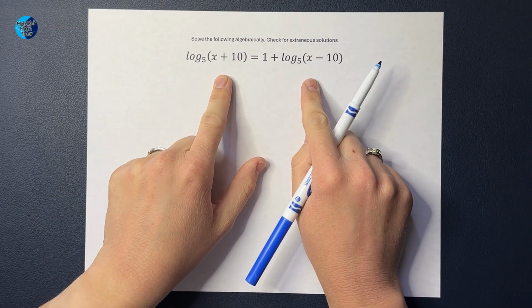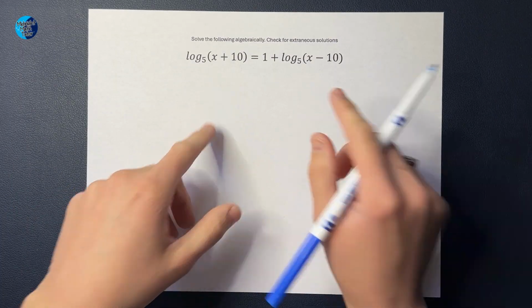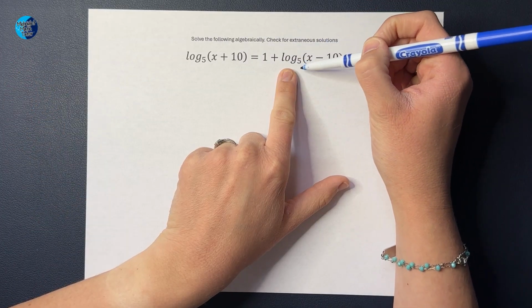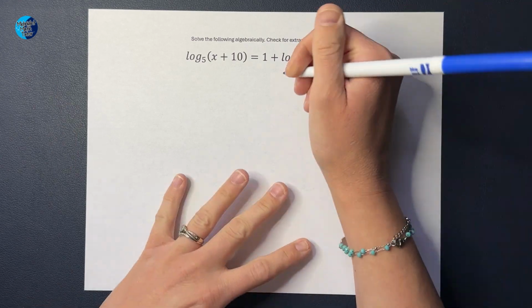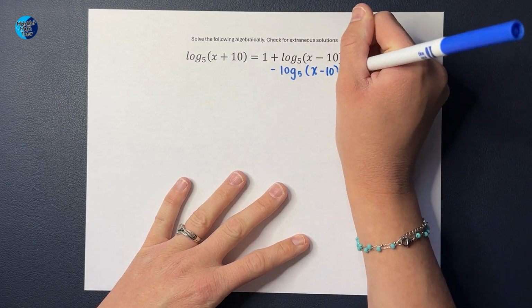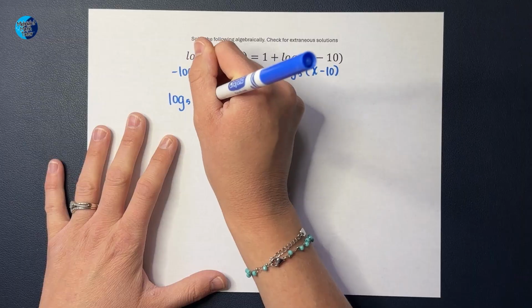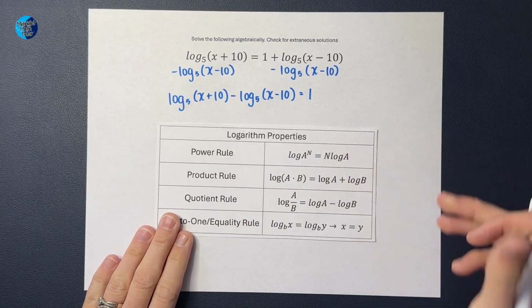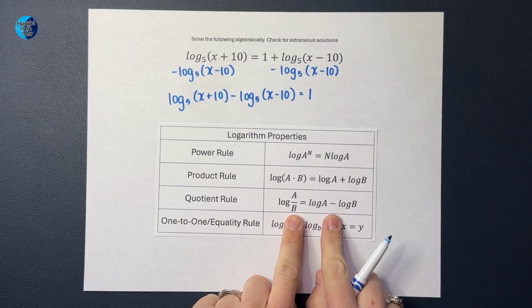All right, on this one, we are trying to get my x's together, right? I'm going to go ahead and subtract log base 5 of x minus 10 from both sides. All right, this is what we get after subtracting that log from both sides. Now, when I look at my properties again, I notice my quotient rule.